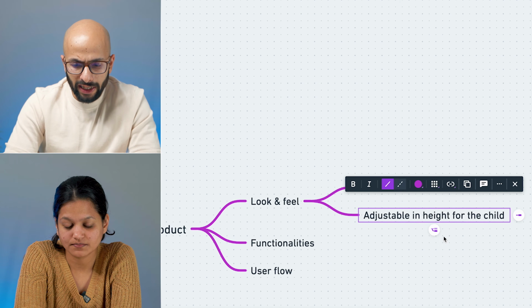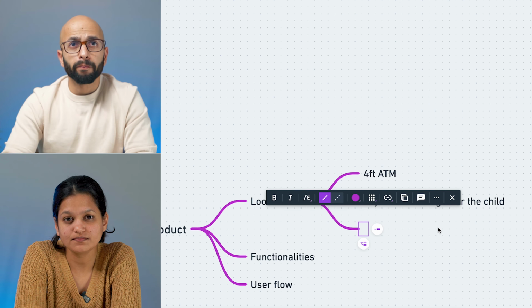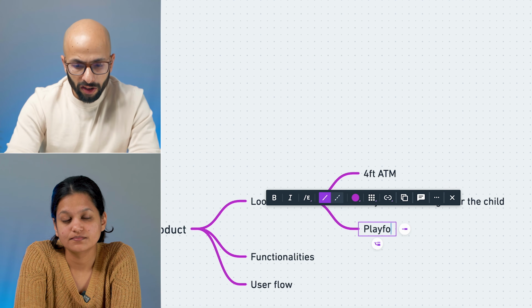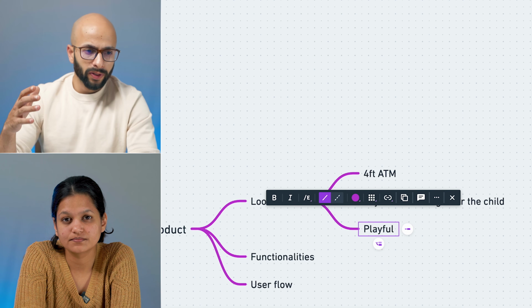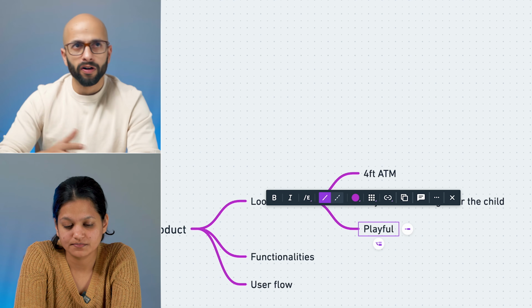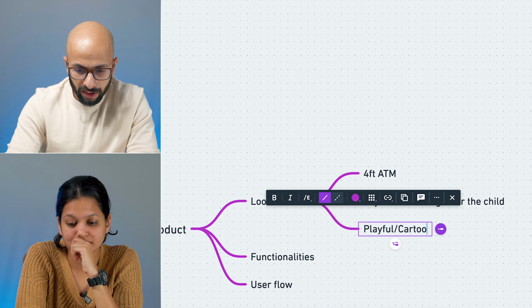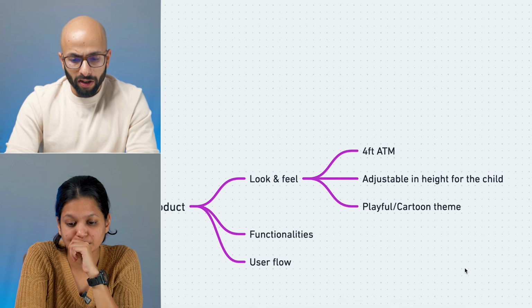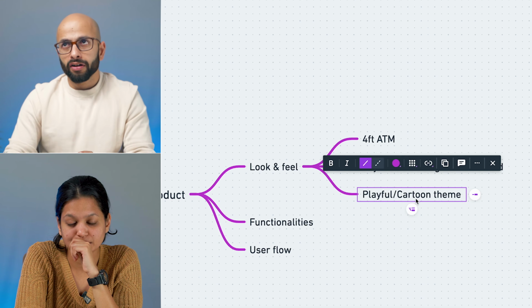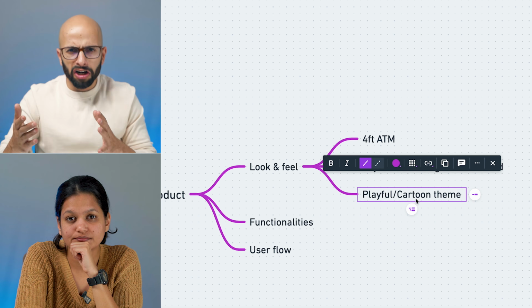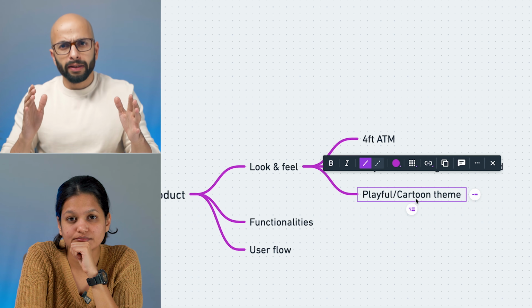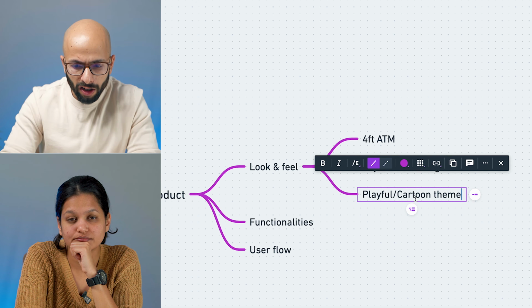This is obviously going to be more playful, like how McDonald's did with their characters. So playful, maybe a cartoon theme, right? The other thing is ATMs have pretty hard edges, so we want to make them soft, maybe with a rubber coating.